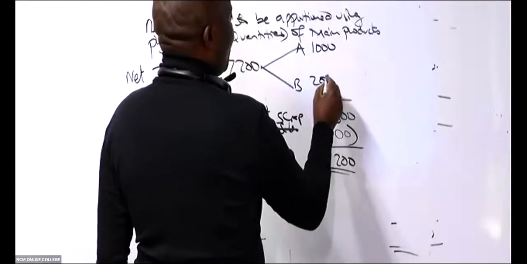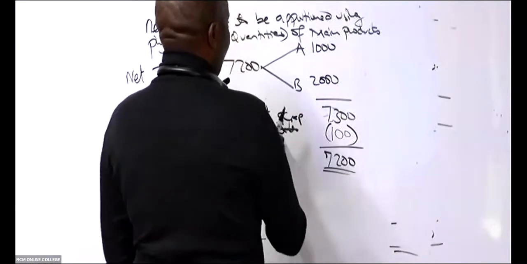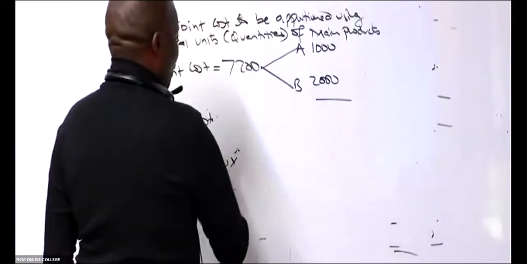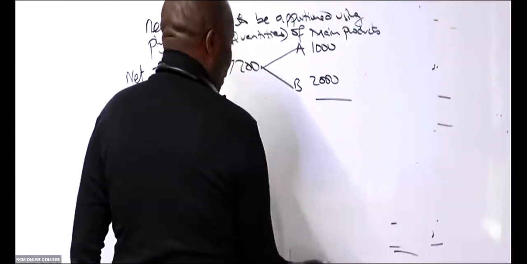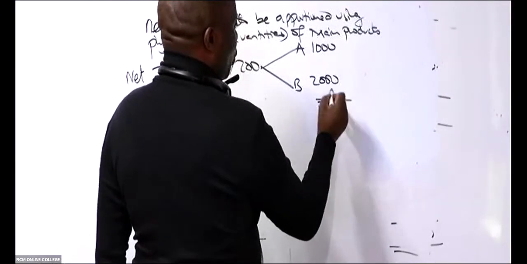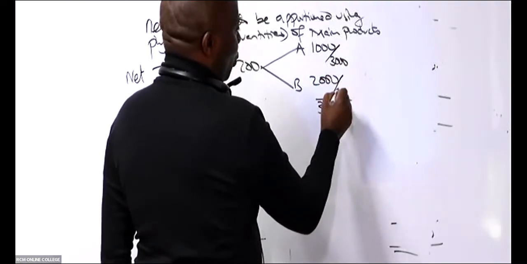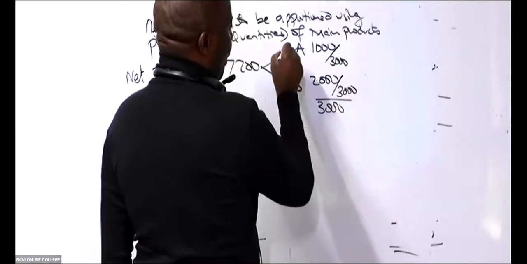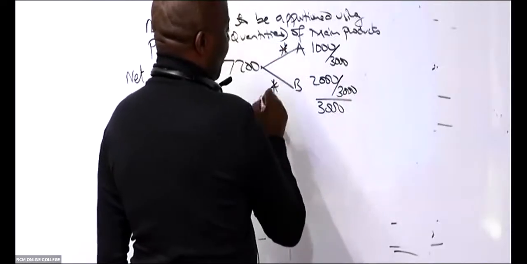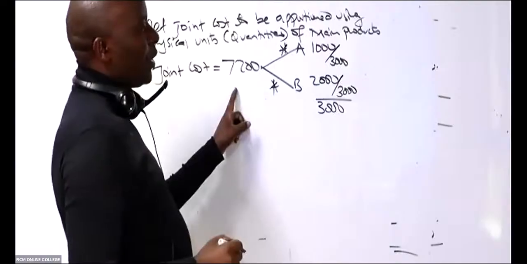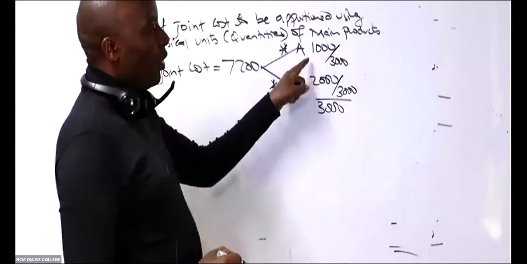If you add the two, you will get 3,000. So proportion wise, this will be 1,000 over 3,000 and 2,000 over 3,000. Now you can do your multiplications. You take 7,200 times 1 over 3.